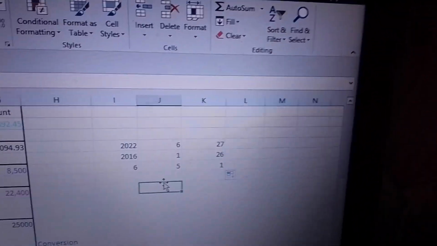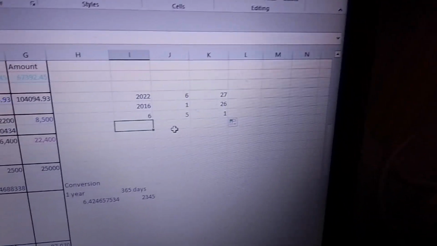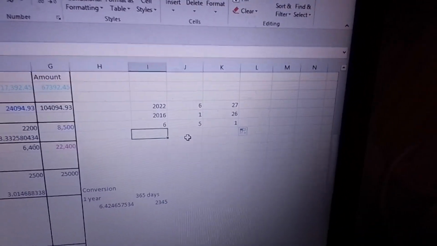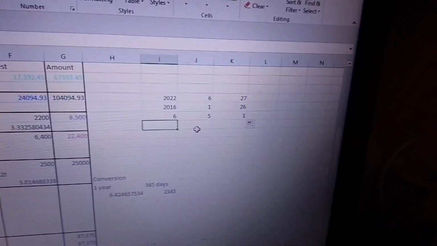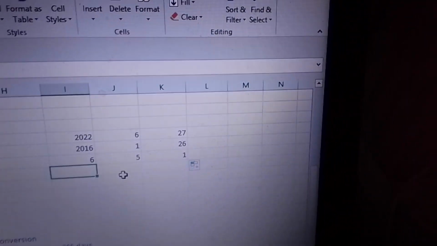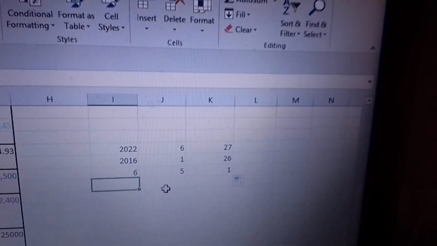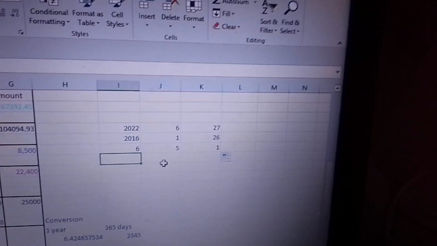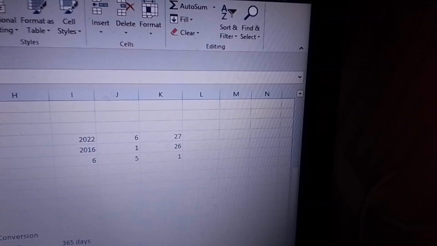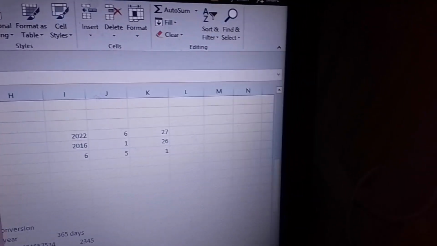And now we have to convert. Remember, we're using ordinary time. So 1 year is worth 360 days. But 6 years, it's 2,160 days. And then 1 month is worth 30 days. But 5 months, it's 150 days. And then plus 1. So ang ginawa ko dito ay, yun nga, sinama ko lahat.